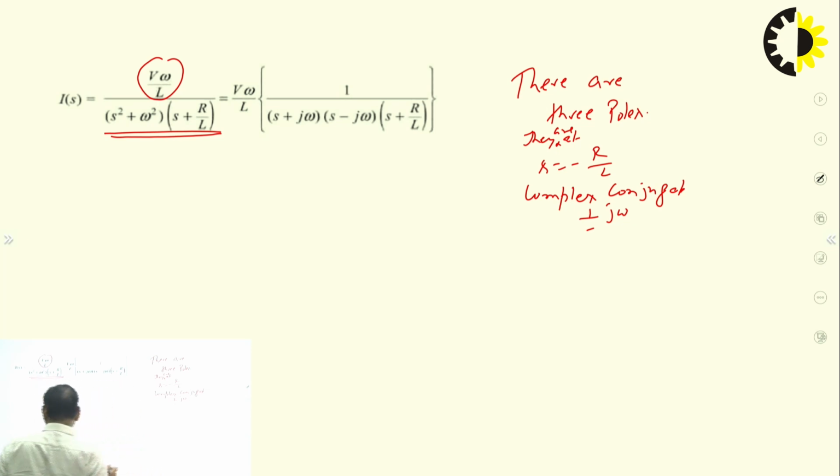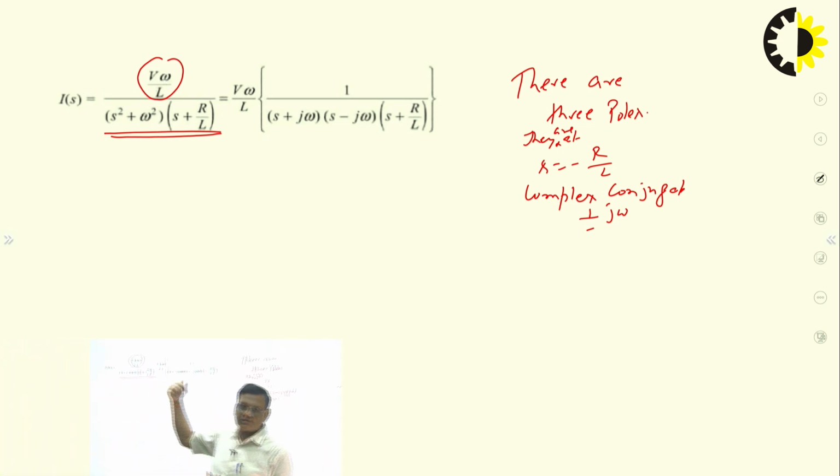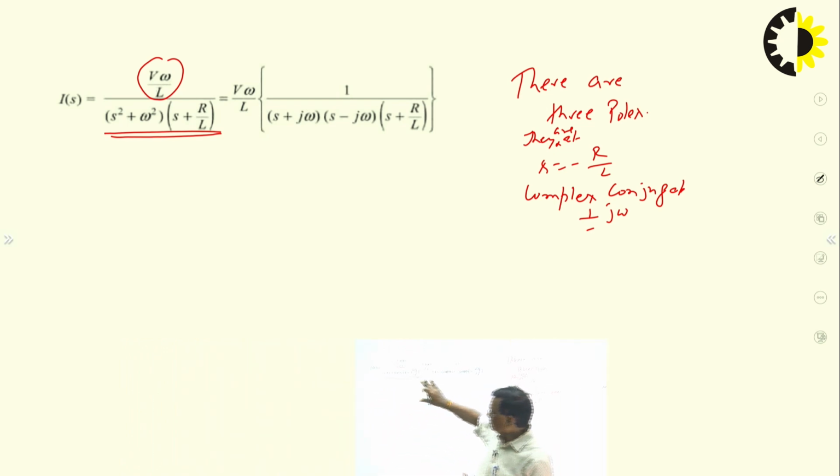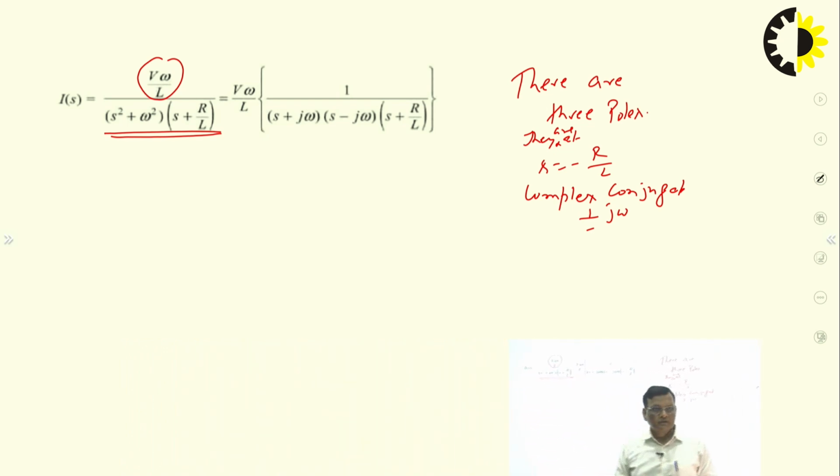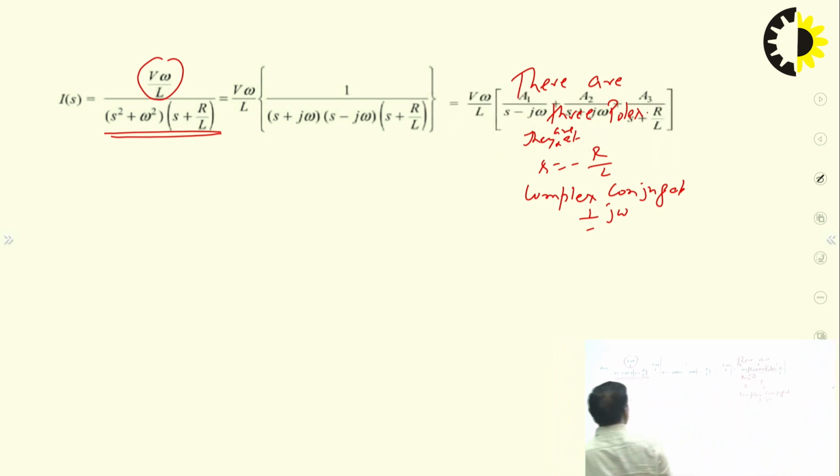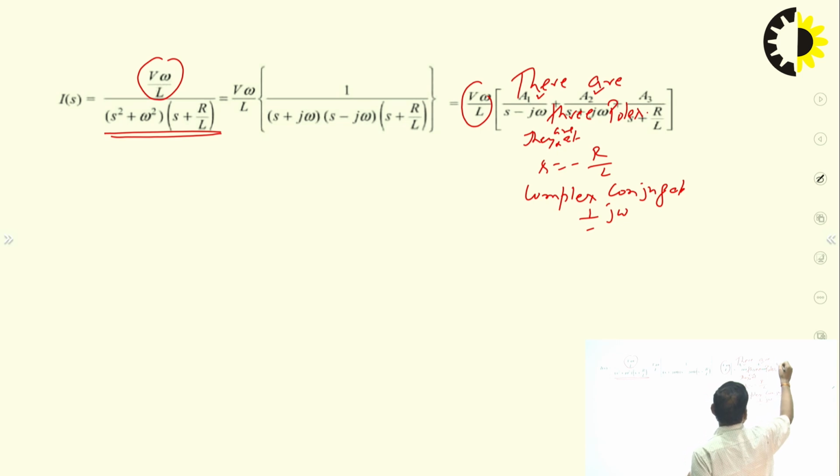To get the time response of this, we take the inverse Laplace transform. Before taking the inverse Laplace transform, we take the partial fraction expansion. So this can be written as V omega over L, upon this outside, with terms A1, A2 and A3.